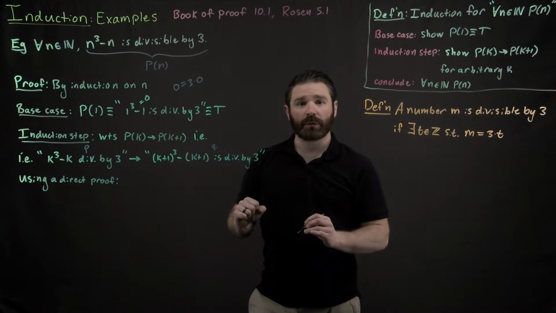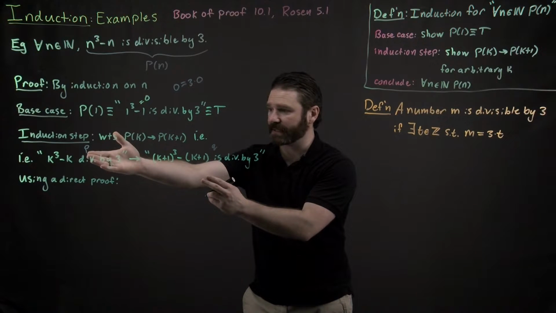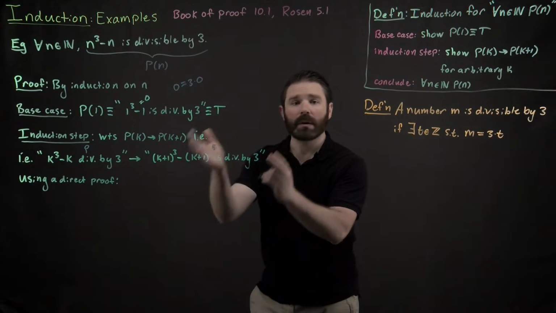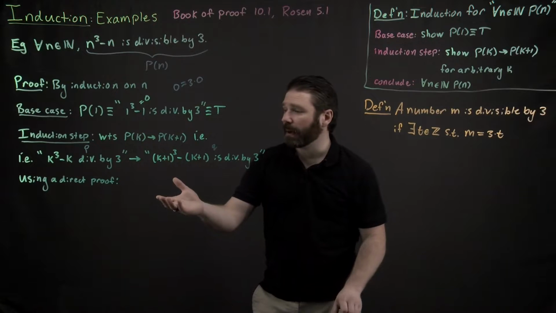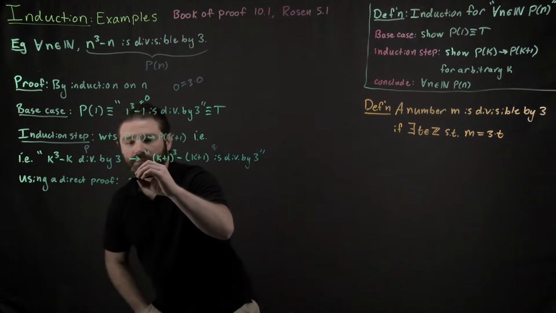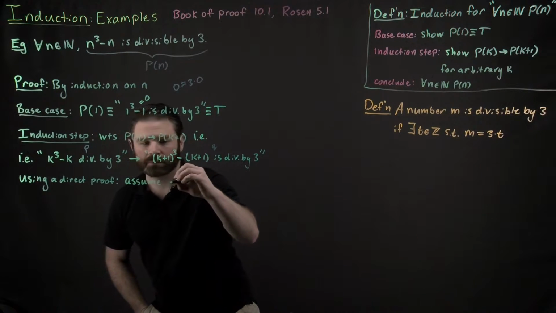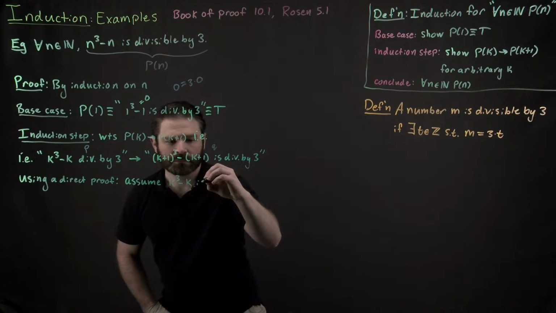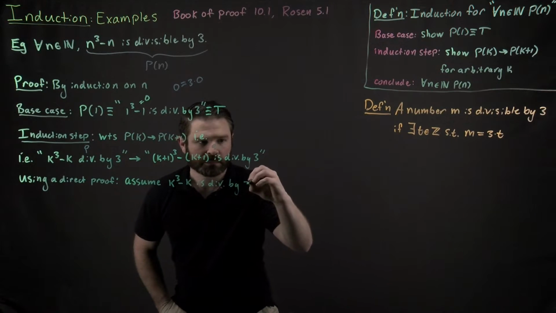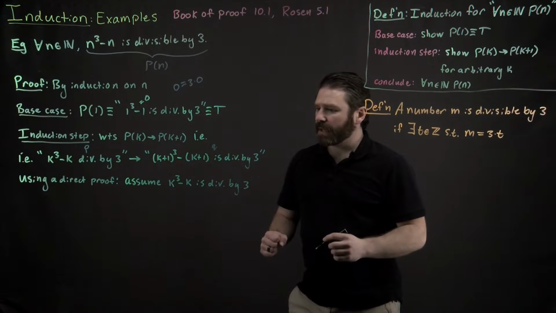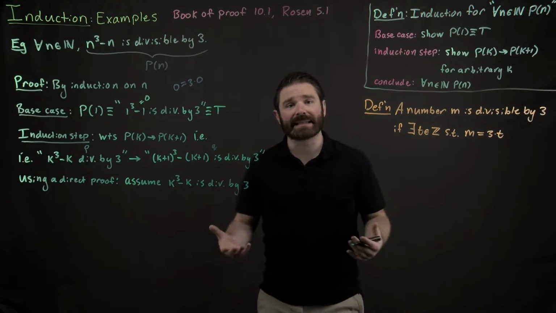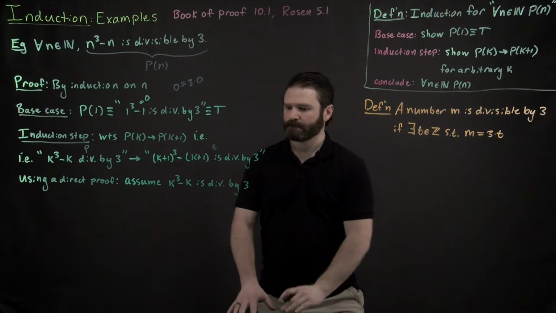So using a direct proof, what we want to do is assume the left-hand side, my hypothesis, and show my conclusion. So assuming my hypothesis, it says assume that k cubed minus k actually is divisible by 3.